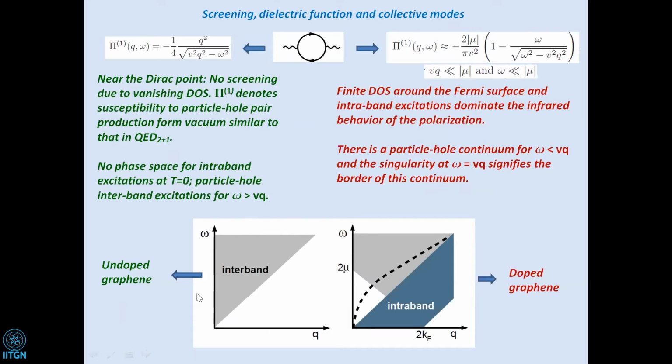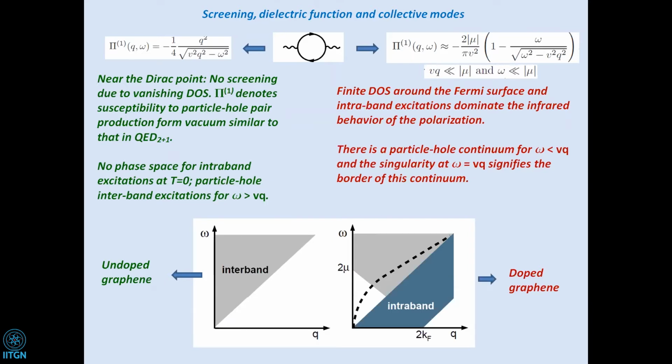So the thing is that if you have undoped graphene, okay, so when you have a collective mode in either 3D or 2D material, what happens is that the collective mode essentially derives from the fact that there is a finite density of states around the Fermi surface, which puts weight to the velocity of this collective mode. Okay.